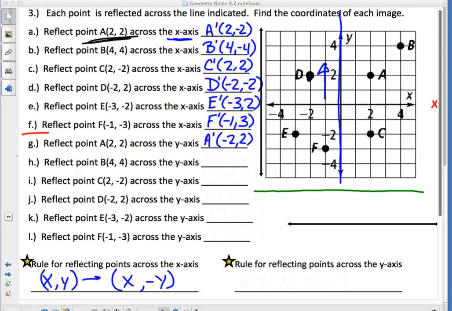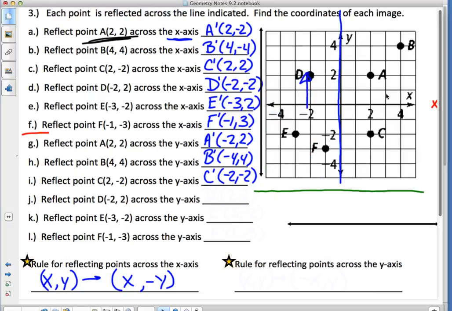Now, this next reflection: B is over here at 4, 4, and I reflect that. That's going to be negative 4, 4. Okay, so I'm going to pop that in. C is at 2, negative 2. Well, it's going to be negative 2, negative 2. I'm starting to understand that one thing is changing and the other is staying the same, and maybe you're recognizing it too.